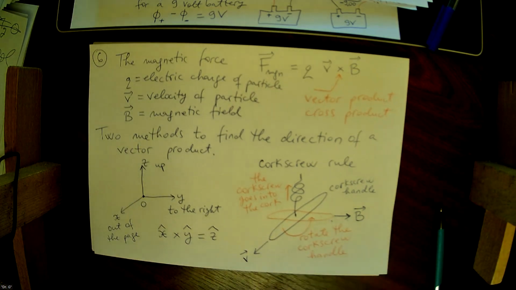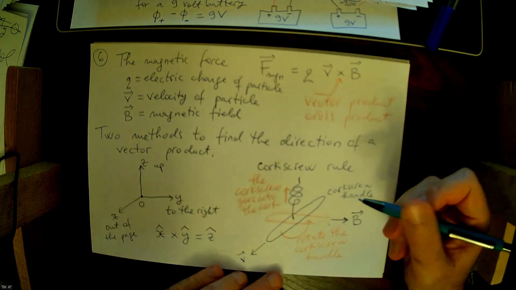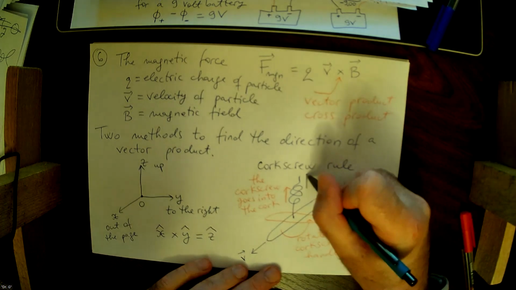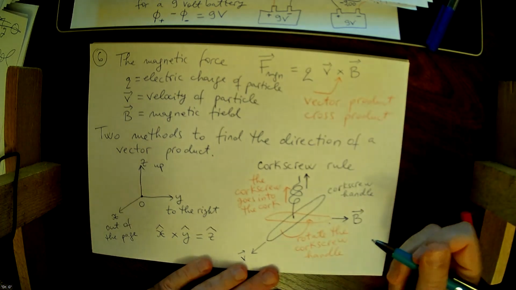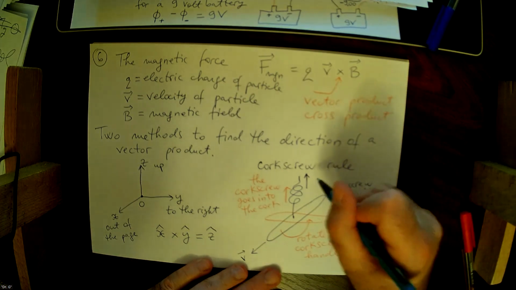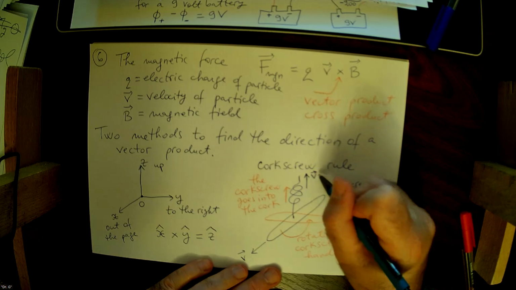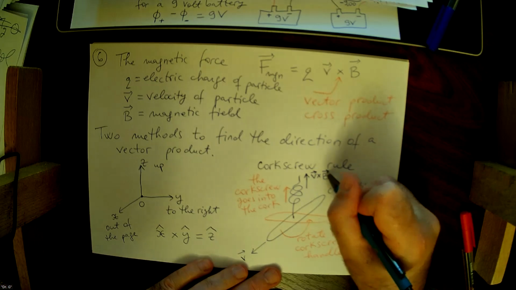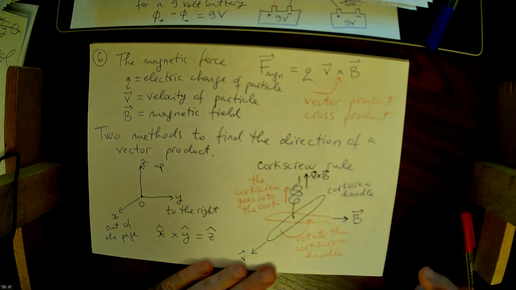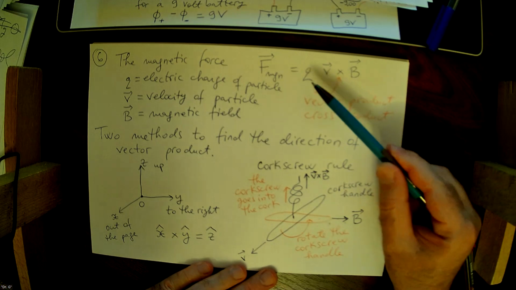And this direction in which the corkscrew moves tells you the direction of the vector product, so this is basically the direction of V cross B. Now, of course, you have to remember this is multiplied by the electric charge.